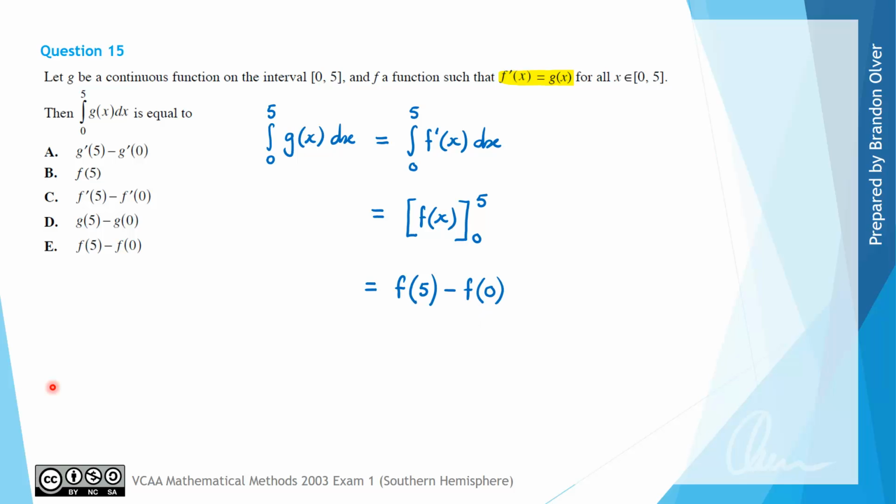Therefore, the integral from 0 to 5 of g of x dx is equivalent to f of 5 subtract f of 0. So that means that E is the correct answer for this question.